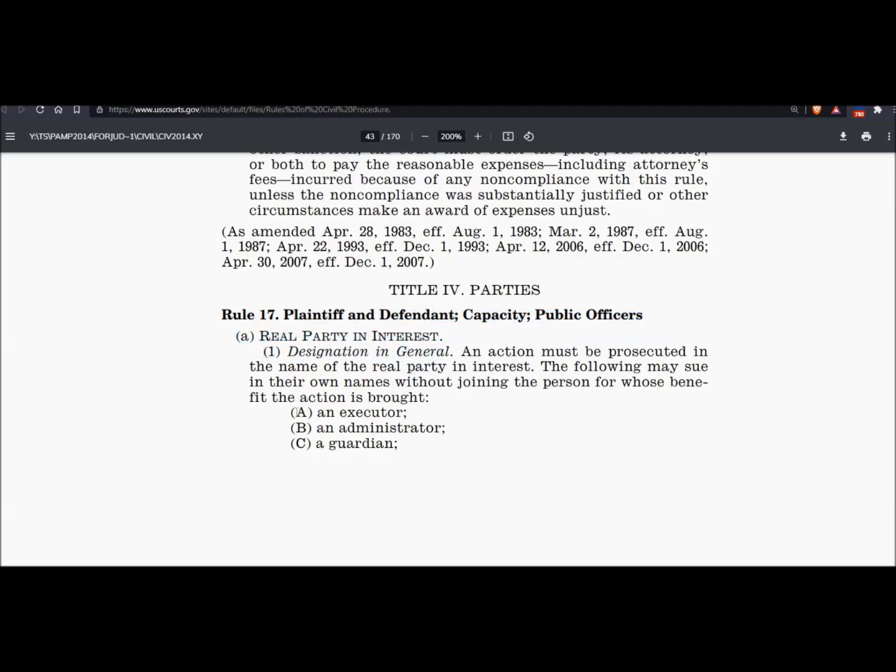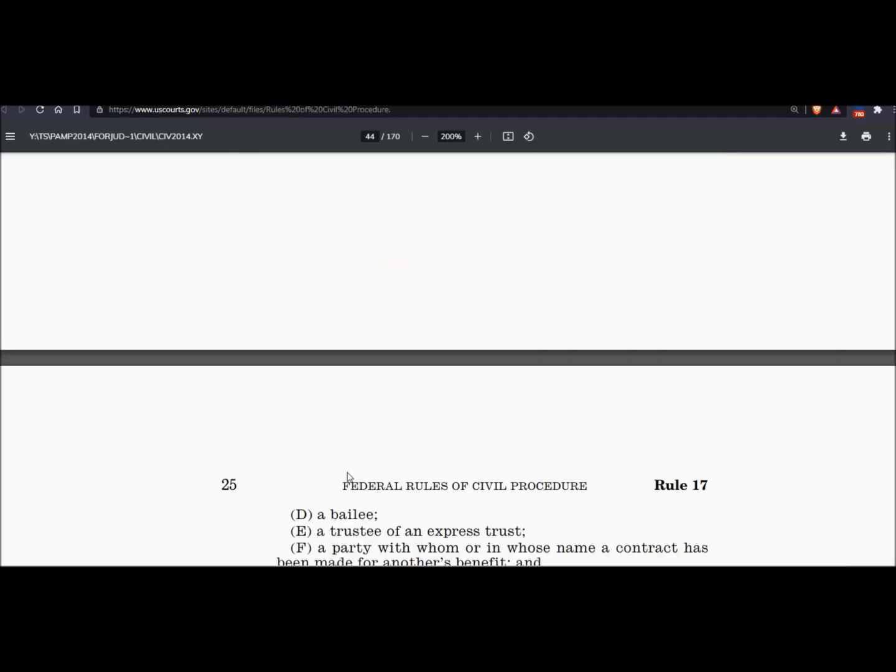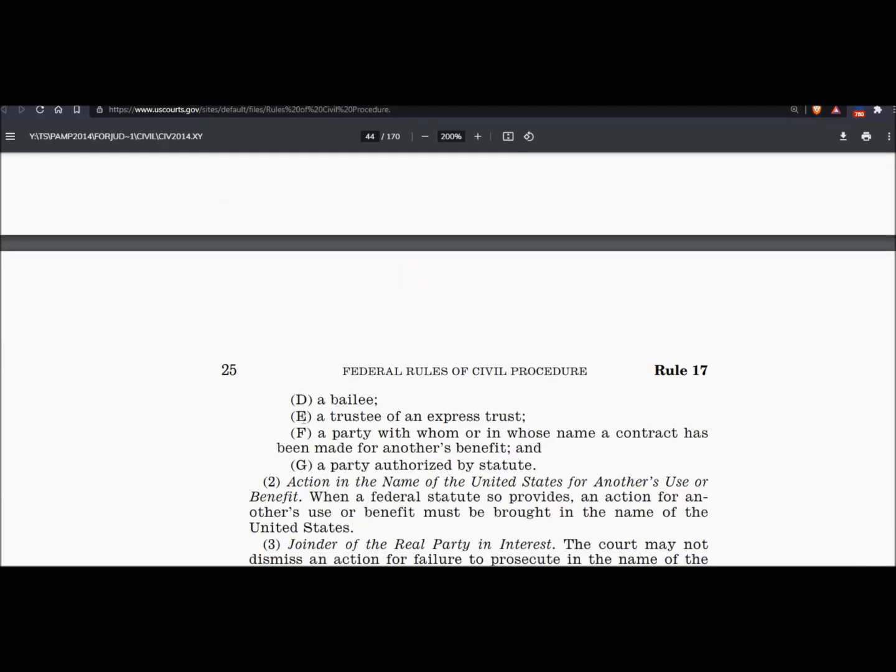And guess what? We're not looking for these first three. This is what we need. Remember, I was speaking of an express trust earlier? A bailee, a trustee of an express trust, meaning now you're not the trustee.